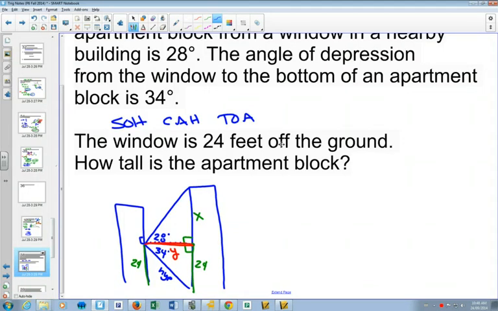Tan. So tan of 34. Opposite side we know is 24. The adjacent side is y, which we want to figure out. Again, multiply both sides by y, divide both sides by tan 34.